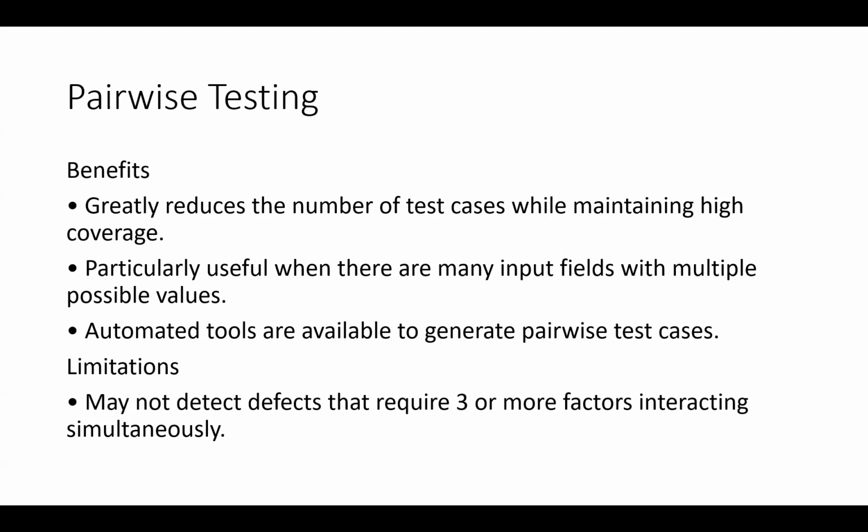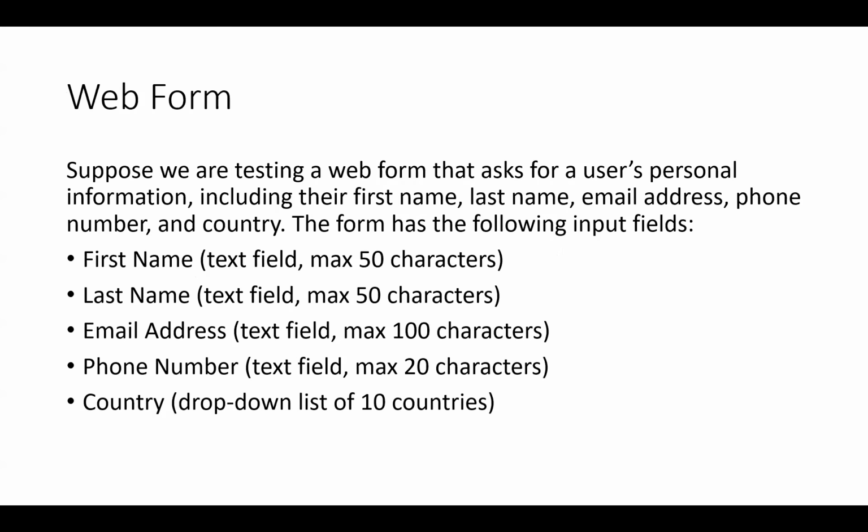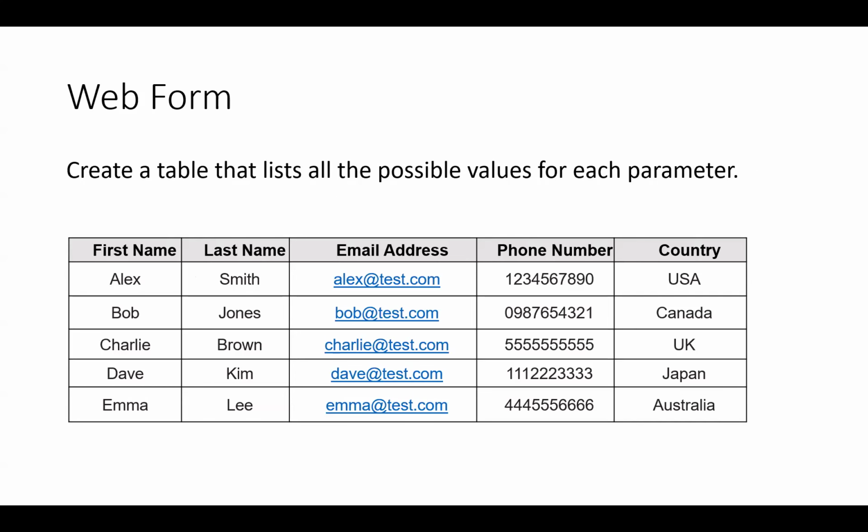Okay, so for example, let's say we have a web form and that web form is accepting first name, last name, email address, phone number, and country. Instead of testing each one individually, you will create a list of all the possible values for each parameter.